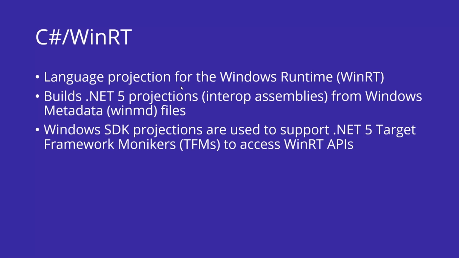In particular, we build the Windows SDK projections from the WinMD files that describe the whole WinRT API surface. With these Windows SDK projections, we've integrated them with the .NET 5 SDK, and they're used to support .NET 5 Target Framework monikers, or TFMs. And with the TFM, you get an easy, streamlined way to access the WinRT APIs.